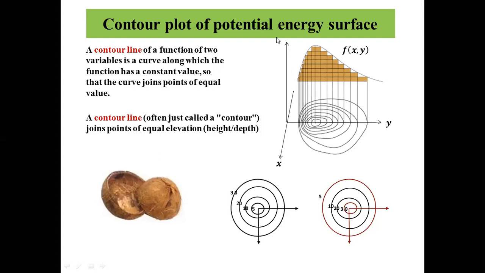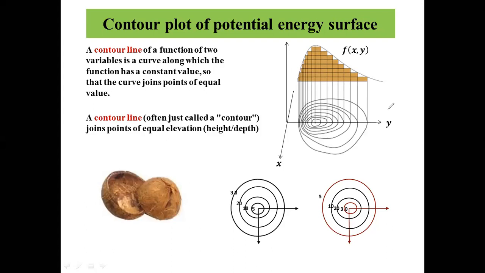So let me start here. Actually, the idea of this is that the potential energy surface is a three-dimensional view, right? Now, all the times we cannot really look at the three-dimensional views and draw them properly.